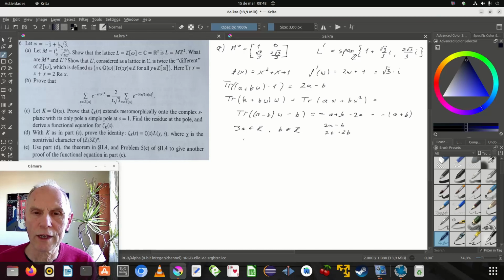So that's the lattice I see: it's spanned by 1/3 and I.